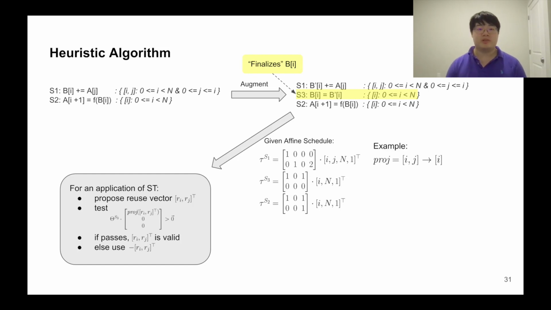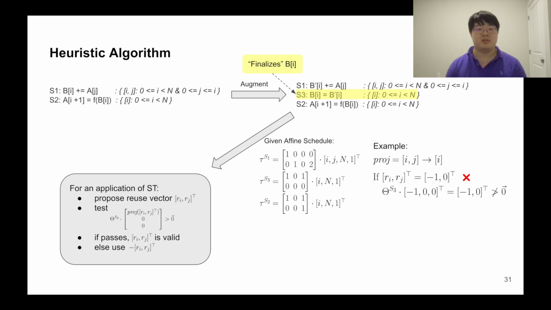More concretely in this example, consider that the heuristic is given the affine schedule shown in the middle, and we know that the projection of the reduction maps ij to i. So, for the reuse vector -1, 0, the result of multiplying theta S3 with the vector -1, 0, 0 is going to be -1, 0, and therefore the first non-zero entry is negative. So the heuristic algorithm decides that this reuse vector does not obey the given affine schedule.